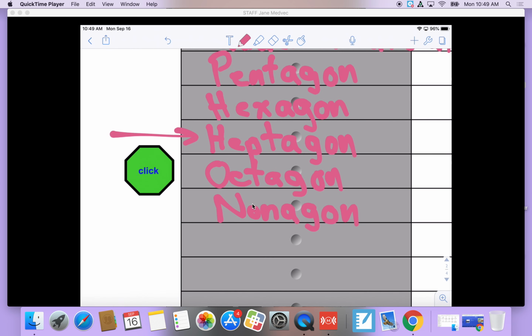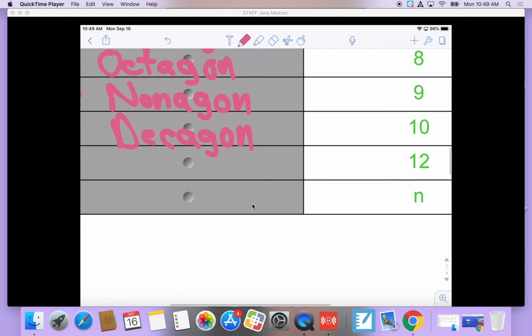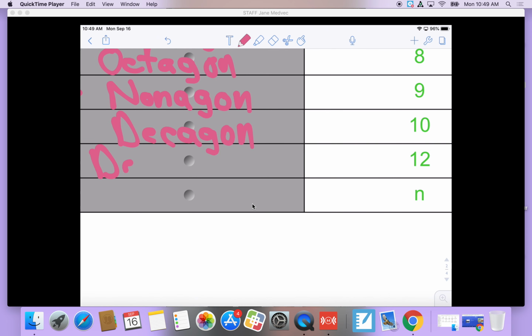We don't see that one as often, so students have more trouble with it. A 10-sided figure is a decagon, which makes sense. A decade is 10. And 12 is a dodecagon: 2 is do, and then decagon.